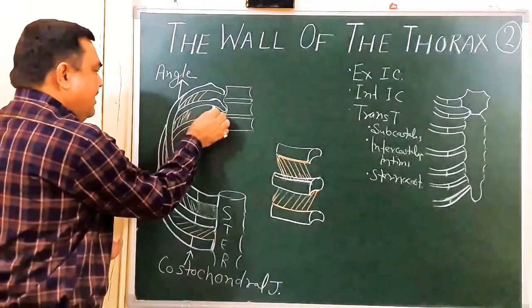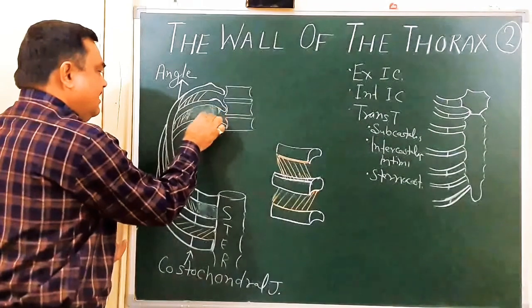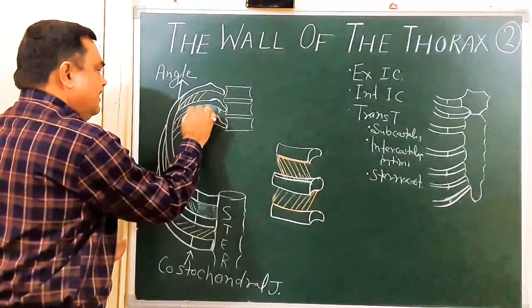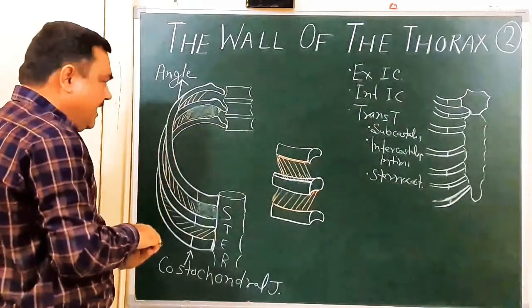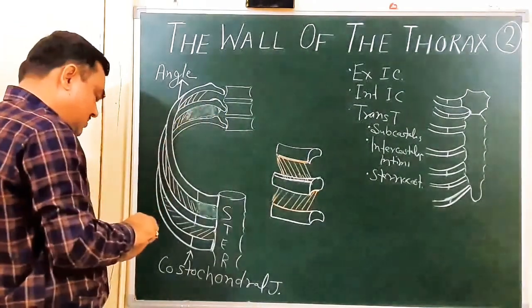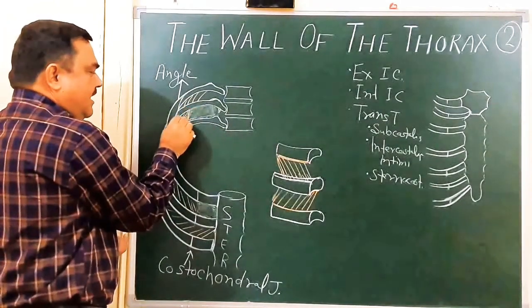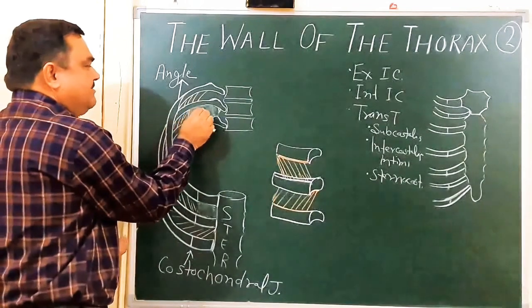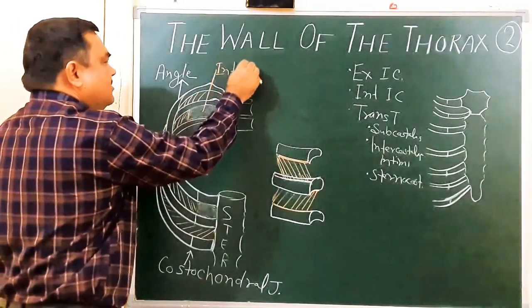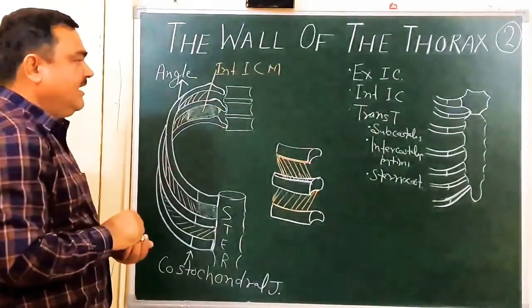From angle to here, this is replaced by membrane, and this membrane is known as internal intercostal membrane. Here is internal intercostal muscle, and it is replaced by internal intercostal membrane.